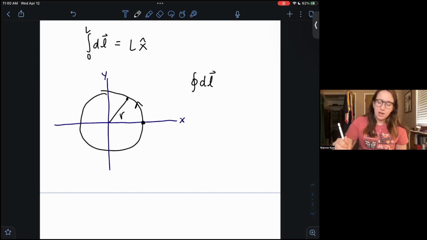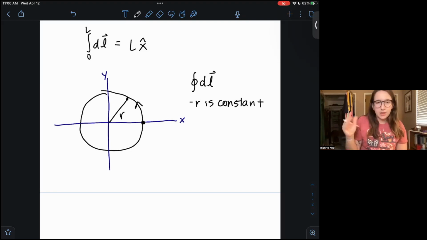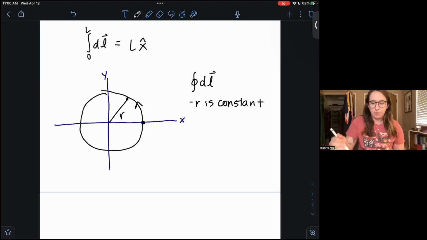So we see that no matter where we travel on this circle, our radius is the same. So I'm going to write that down: r is constant. The only thing that is changing as we move across this circle is what angle we're at with respect to the origin. So if we say that that's the origin, what this dL actually is, is the arc length of a circle.